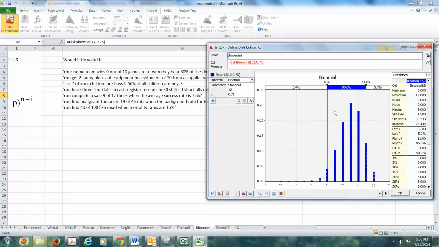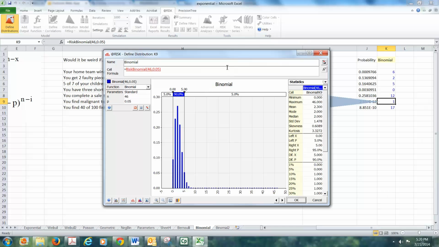There's variability in the world. We could have 10. We could have been a little lucky. We could have 8, a little bit unlucky. So, again, I repeat, this is the variability that's present in the world, and the binomial distribution does a great job of displaying it for us.